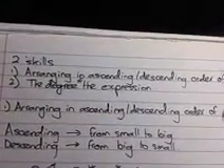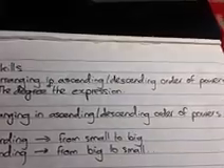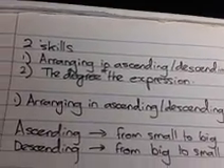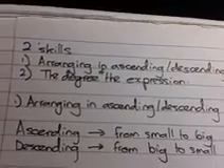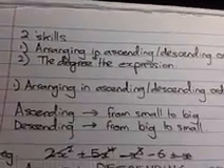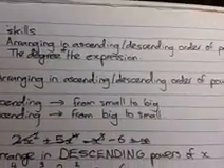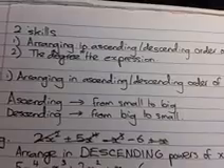When it comes to arranging into ascending and descending order, ascending, you go from smallest to biggest, and descending, from biggest to smallest. And what you essentially do is look at the actual exponents of the variable that they're talking about.